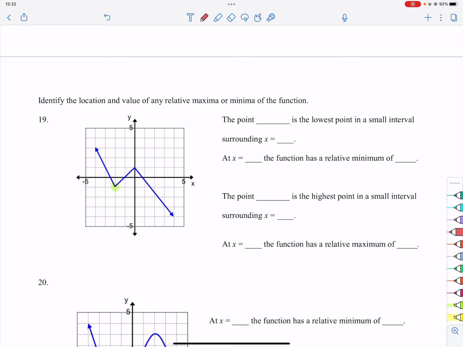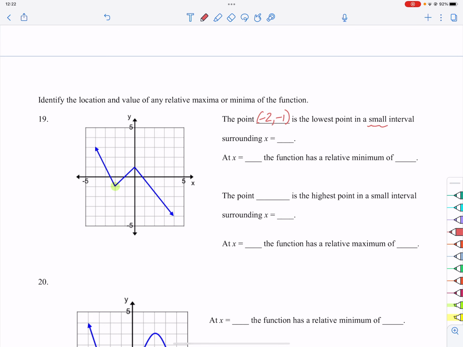So we can say that the point, that's a relative minimum. And so the point -2, -1 is the lowest point in a small interval surrounding x equals -2. Okay, so that's just in this little area, that's the smallest point. So at x equal to -2, the function has a relative minimum of -1. So this is your x value and this is your y value.